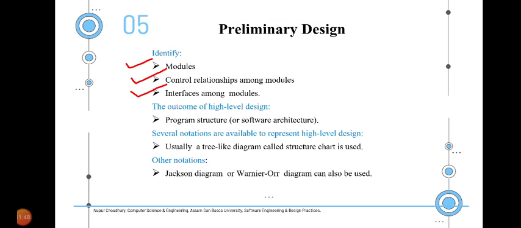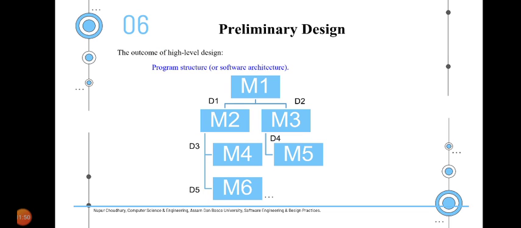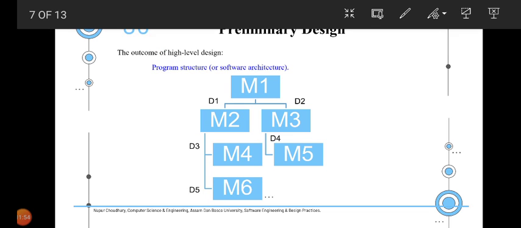So when we look into this preliminary design from a diagram point of view, we will see that we achieve a software architecture where M1, M2, M3, M4, M5 and M6, all of them are modules and they are related to each other using the relationships D1, D2, D3, D4 and D5 respectively. We also have various interfaces between these modules.